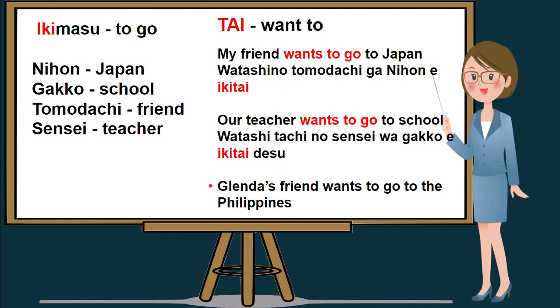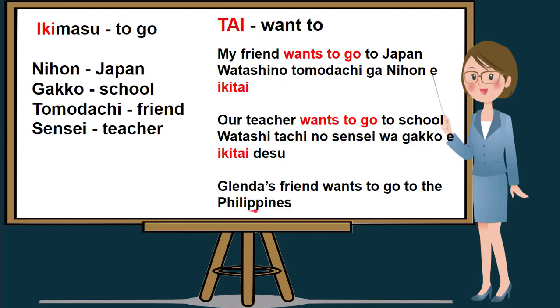In my next example, please translate it in Nihongo. I'll be giving you 5 seconds to translate it. Okay, so Glenda's friend in Nihongo is Glenda-san no tomodachi wa, and wants to go will be ikitai. To the Philippines is Philippine.